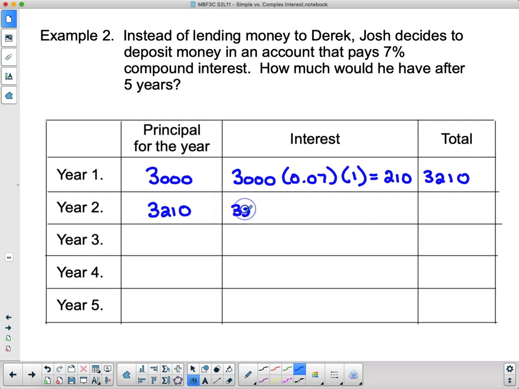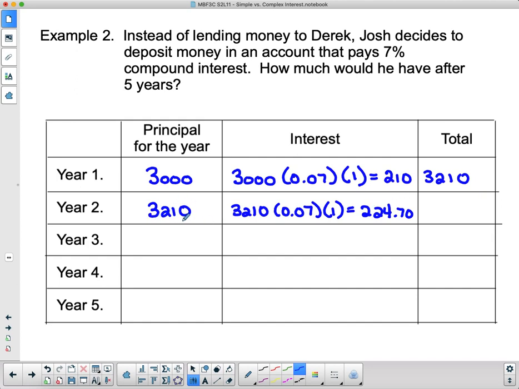So let's do that calculation. 3,210 times 0.07, still times 1 because we only do it 1 year at a time. That gives $224.70. So our total, we've got to add that back on to the 3,210.